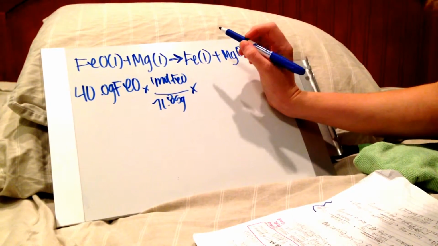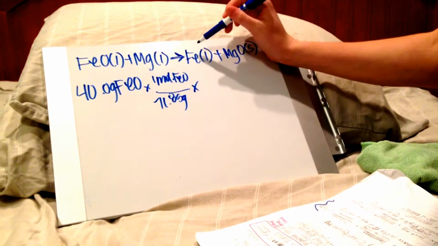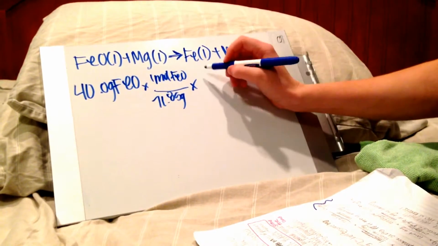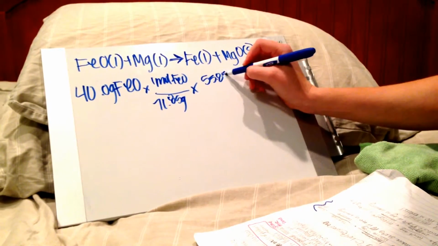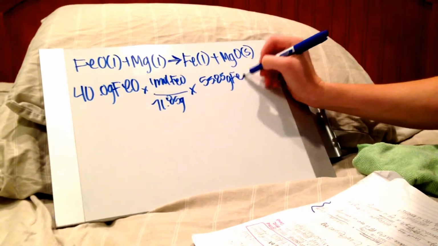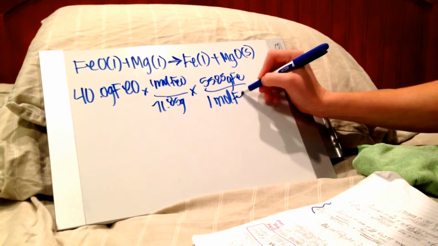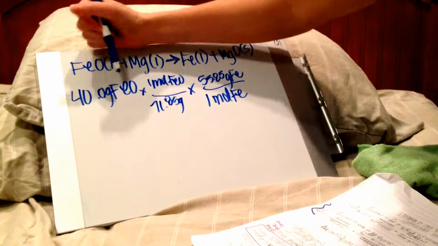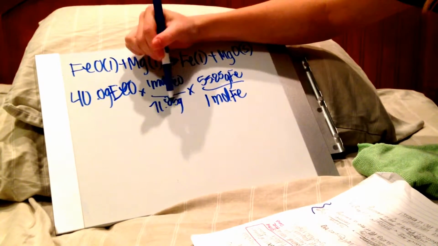And then we're going to make a second bridge, and this will be the molar mass of iron, which is what we're trying to convert this to, so it'll be 55.85 grams of iron over 1 mole of Fe.